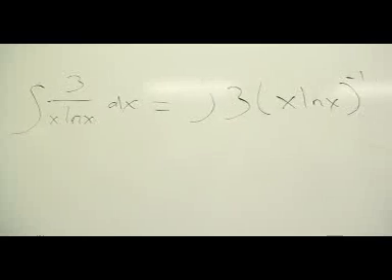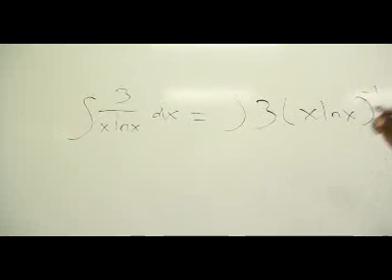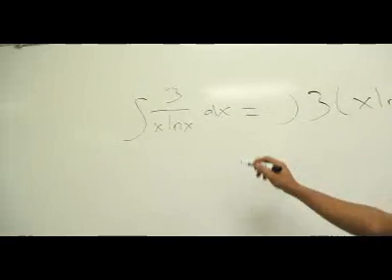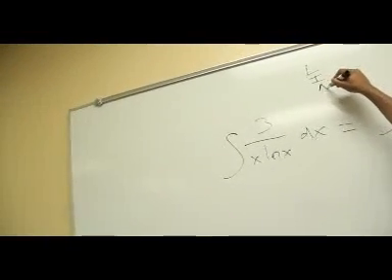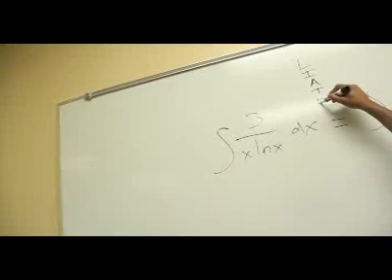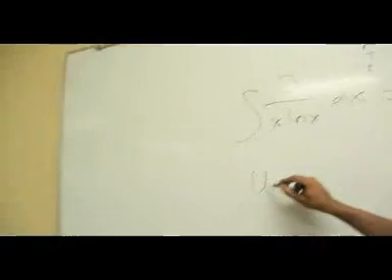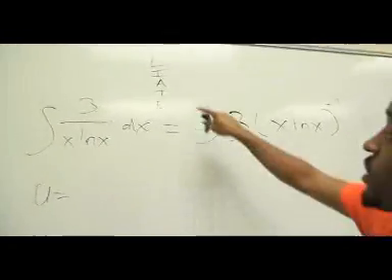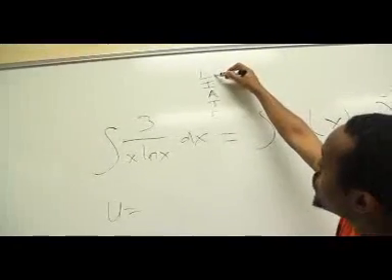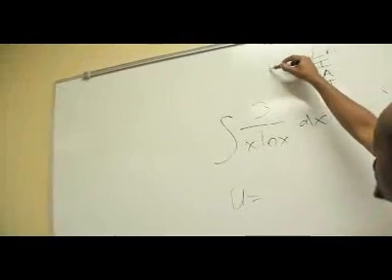Now ln x is our inside function, and when we're using u substitution, we always have to remember our slogan, LIATE, if you're confused on which one to use as your u, so we can plug it back in and find the easier function. LIATE means ln first. Always choose your ln first. It's sort of like PEMDAS as we learned in high school.